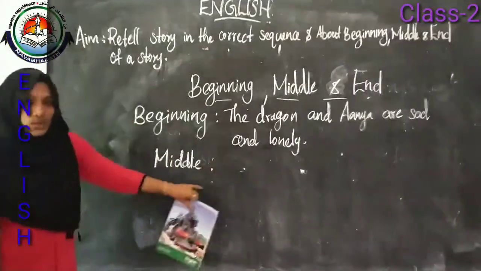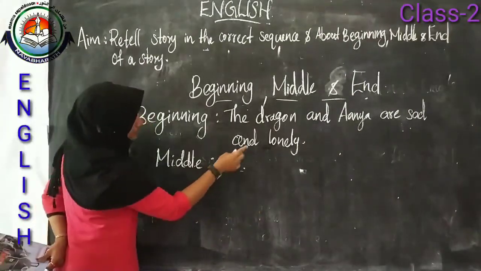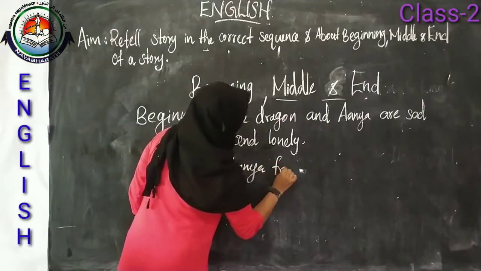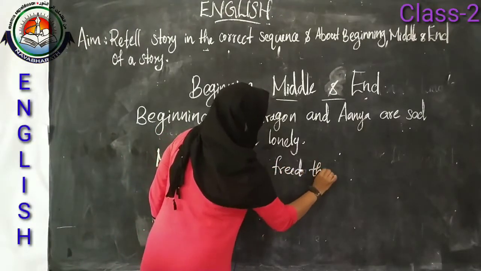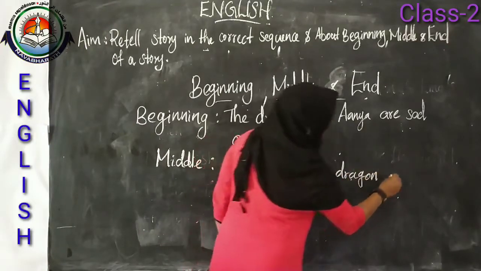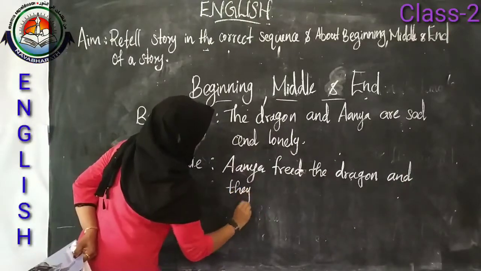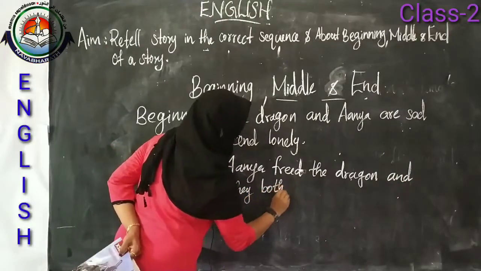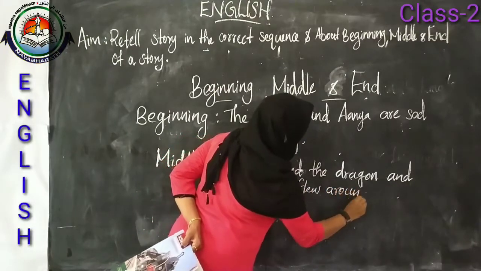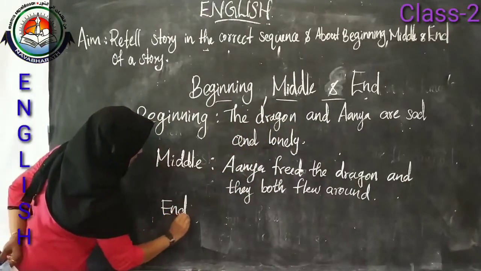In this part we can see that Anya freed the dragon and they both flew around.